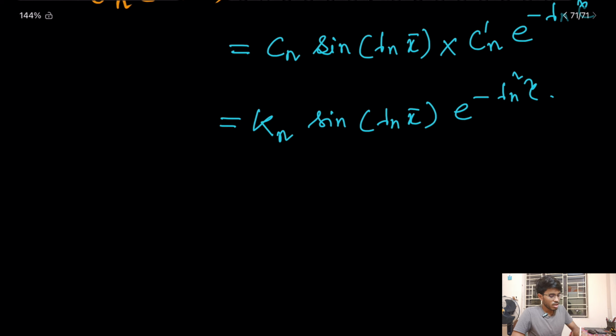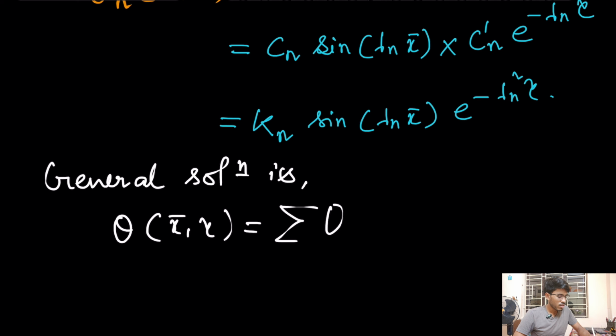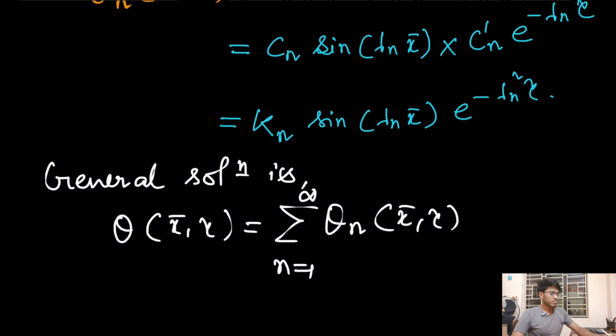So my general solution is theta as a function of x bar comma tau, is equal to the summation of theta n, that is a function of x bar comma tau, n runs from 1 to infinity.